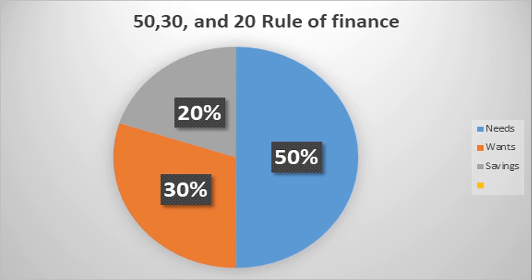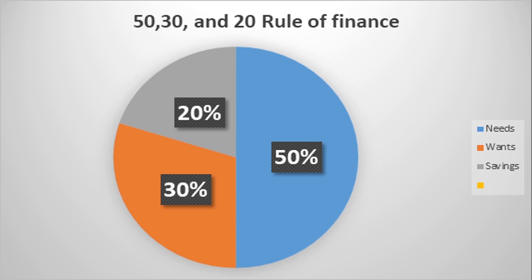So what do we mean by the 50, 30, and 20 personal rule of finance? We mean that when you get your income, your net income, this is income you've attained after removing all the taxes and after removing your tithe if you're Christian.